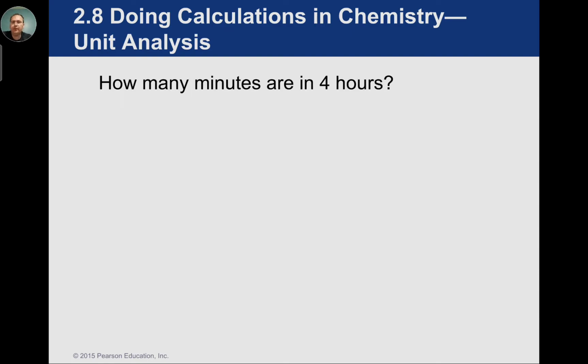So an example here is 4 hours. How many minutes? So you can imagine if we're using a conversion, if we have 4 hours, we want to be able to cancel hours. So right where we're at here is the same place we're going to be at for the next 3 weeks.